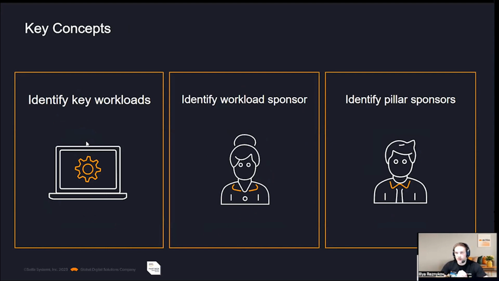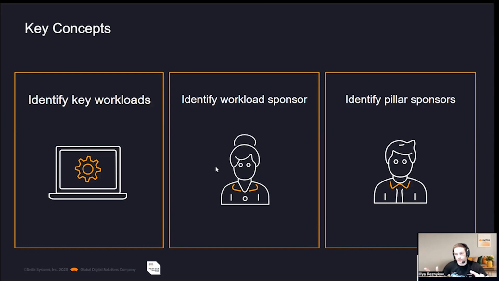When preparing for a review, we need to define our workload. I mentioned that a workload could include application, infrastructure, team, processes, and so on. But for each particular review, we may define the scope of our workload and, for example, define which questions could be out of scope. Then we need to identify the workload sponsor.